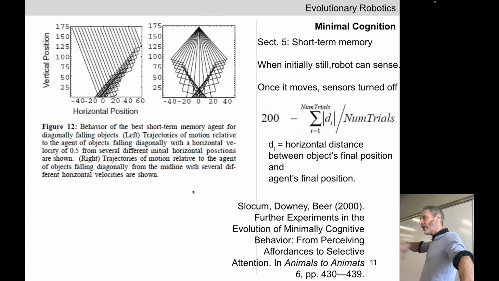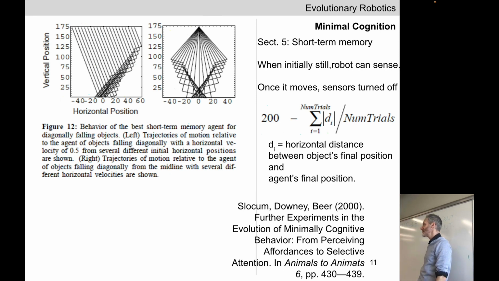So same throughout all these plots, we're looking at one evolved CTRNN, the one that was the best from evolution. They're going to drop a whole bunch of single objects from the top of the screen, and they all fall at the same speed, and they fall at the same angle. Take the same CTRNN, drop a whole bunch of objects from top center of the screen, but they all fall along different diagonal trajectories.